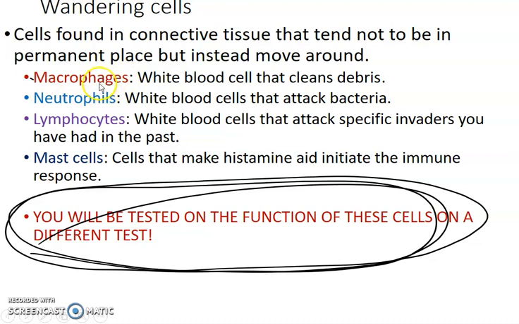Macrophages, they're garbage disposals. They go around and they clean up debris. Neutrophils are another white blood cell, and you have a lot of these in your lymph nodes. They attack bacteria. You have lymphocytes. Those are white blood cells that attack a specific invader.